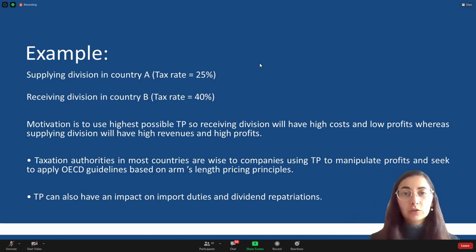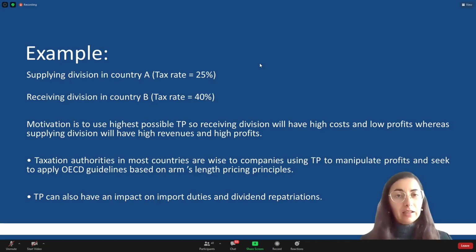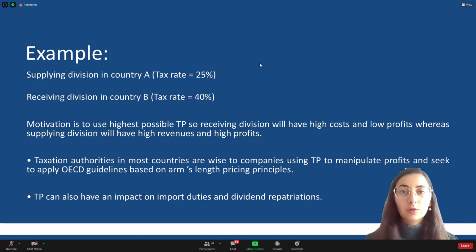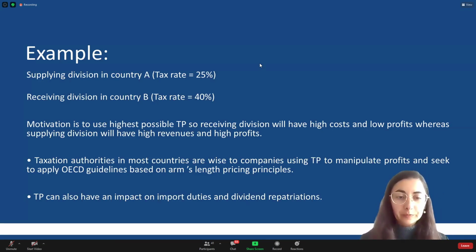So that is also an important reading. It talks about other issues like planning and so on. You can also read it, it's very useful, but it's not directly related to transfer pricing. Only the first part of the article is related to transfer pricing.